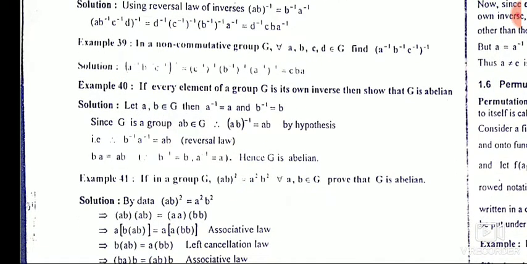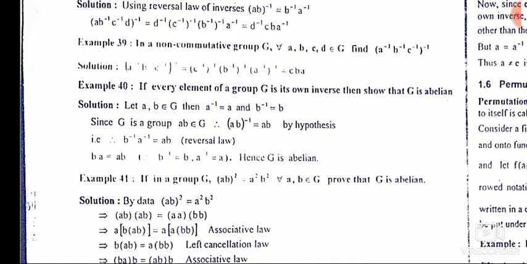The next example: if every element of group G is its own inverse, then show that G is abelian. So here they have a group G where every element belonging to G is its own inverse.